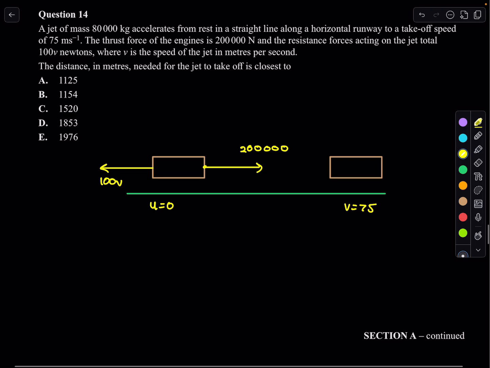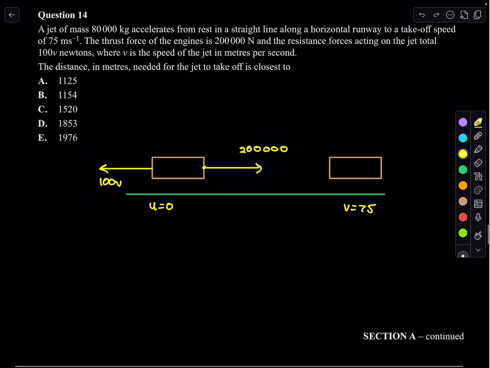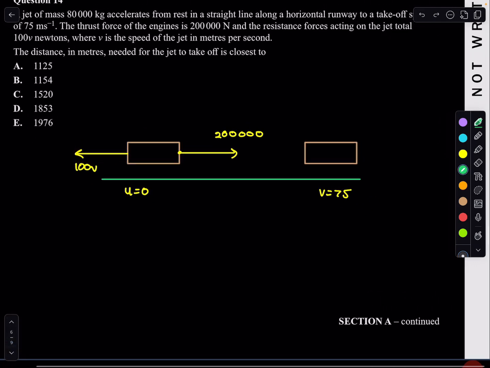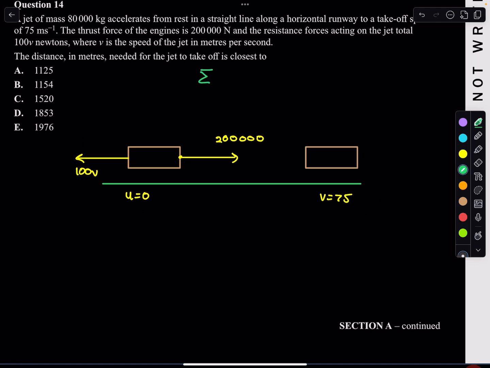Not too bad. What we need to do is find the total force. We know that the sum of all forces is equal to mass times acceleration, and we want the acceleration because that's where we can more easily deal with it. Our force is just adding these. It's going to accelerate to the right, so that's the positive direction.